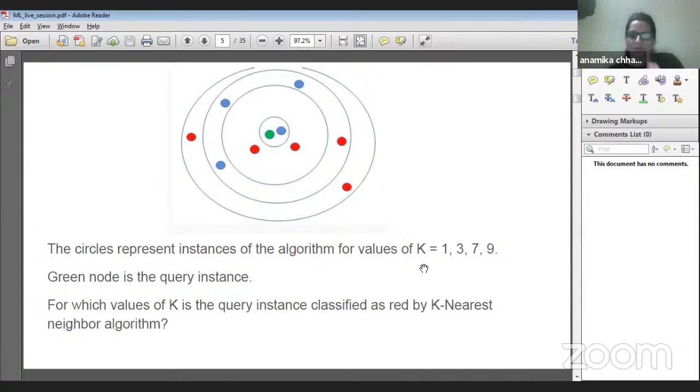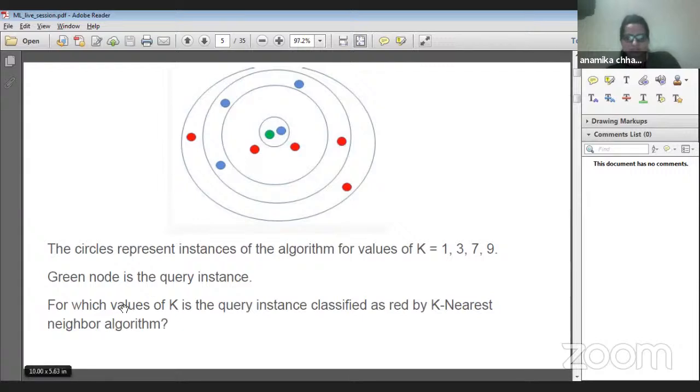This K is a hyperparameter which we need to decide before we run the algorithm. Here the circles represent k is equal to 1, 3, 7, and 9. You count the dots, and they are the number of neighbors. Green is the data item for whose class we have to predict.